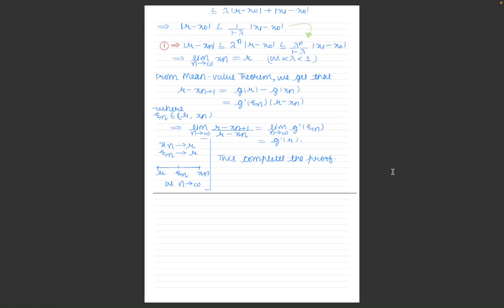Now from mean value theorem you will get some xi n, g prime of xi n, times r minus xn.